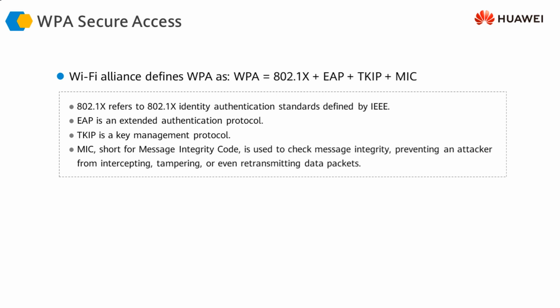MIC is short for Message Integrity Code, and the important thing is that it is used to check message integrity, preventing an attacker from intercepting, tampering, or even retransmitting data packets. This is something which was missing from WEP. In WEP, we could not stop the attacker from tampering. The attacker could very easily tamper with our data. Here it is extremely difficult for the attacker to tamper with the data.